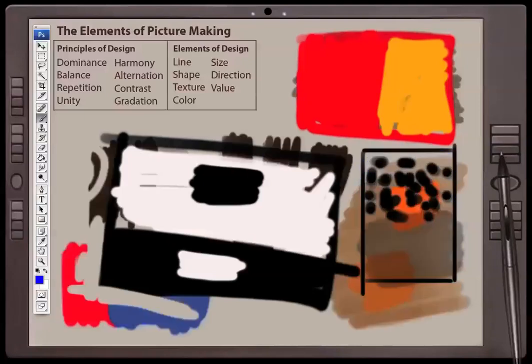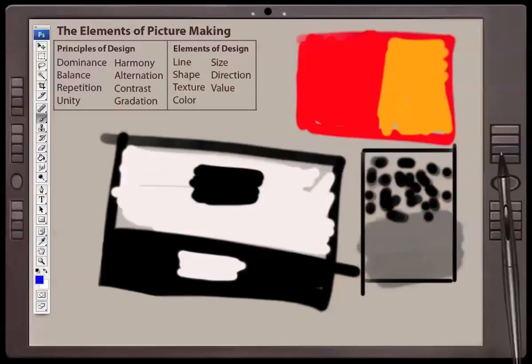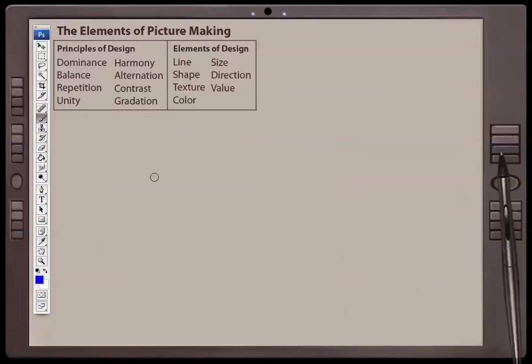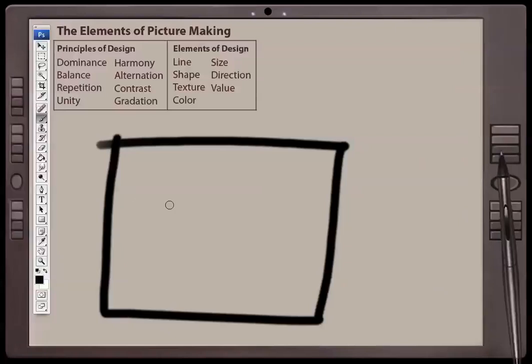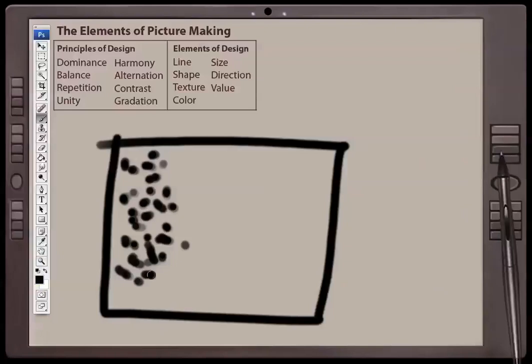It would look something like this, for example. Here I have a busy area, and that area can be smaller in size because it has a lot of visual weight. It attracts a lot of attention.